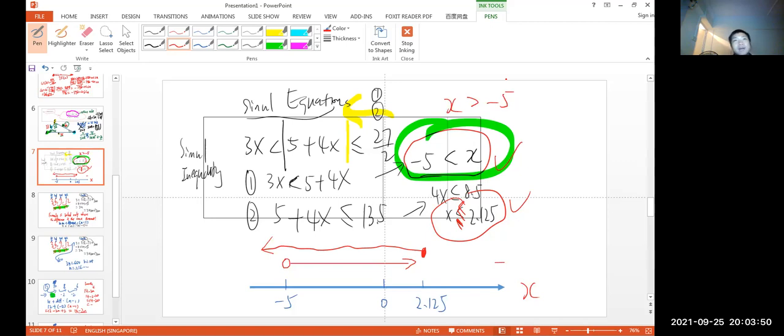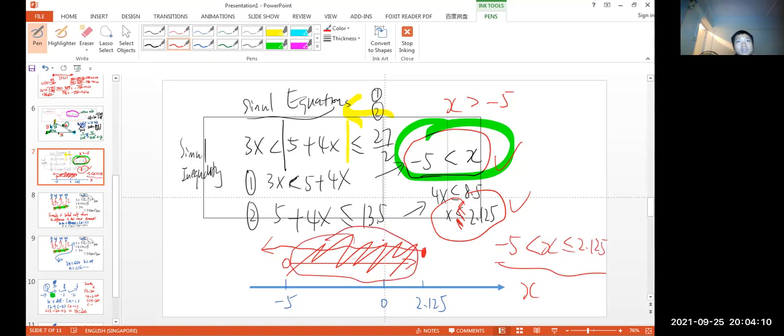Everybody makes mistakes, but you need to know how to avoid them, or when you make a mistake, realize it and quickly correct. So the intersection is here: bigger than -5 and smaller than 2.125. This is the answer.